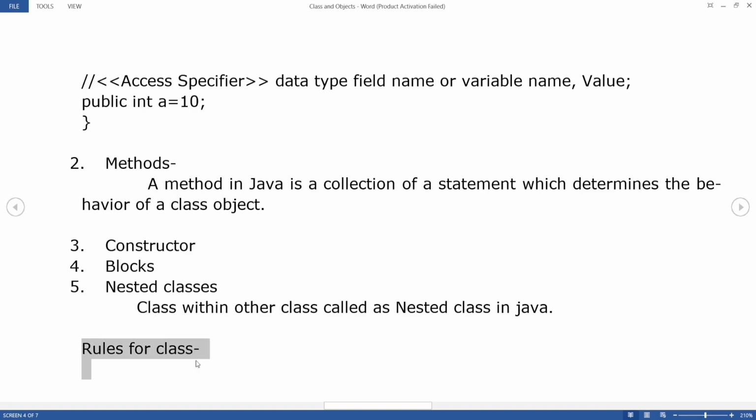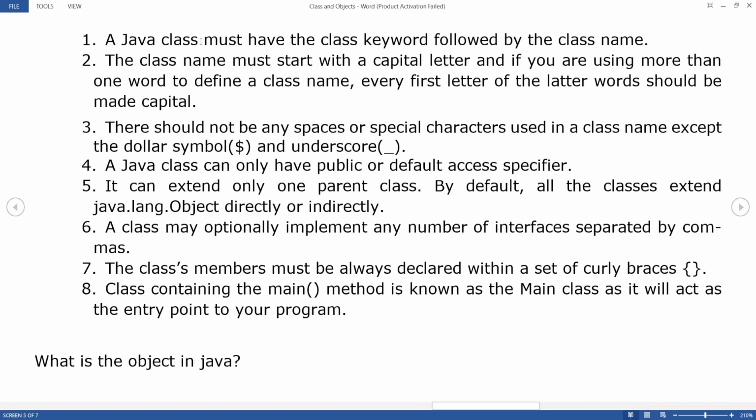Rules of the classes. Now a Java class must have the class keyword followed by the class name. As I told you, first is the access specifier, second one is the class keyword, and third is the class name. Okay, this is satisfied.